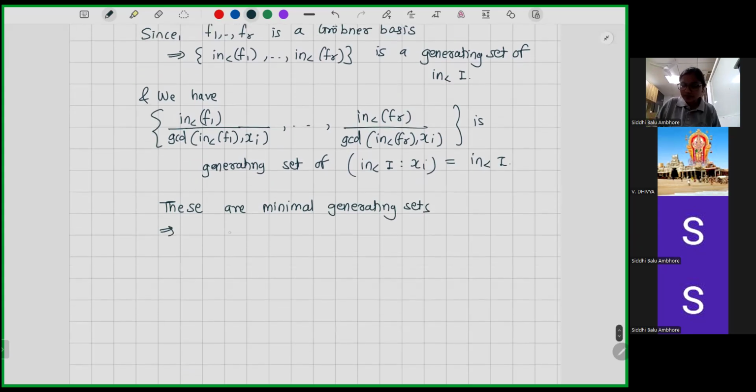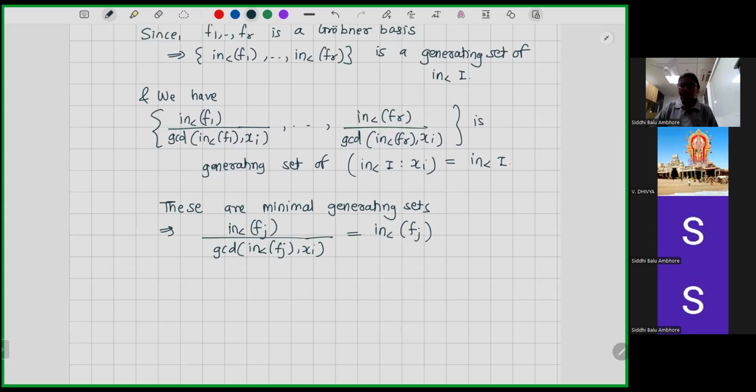So this implies what? If I compare them, then the initial term of Fj divided by GCD of it with xi will be equal to the initial term of Fj. Okay, is this okay?